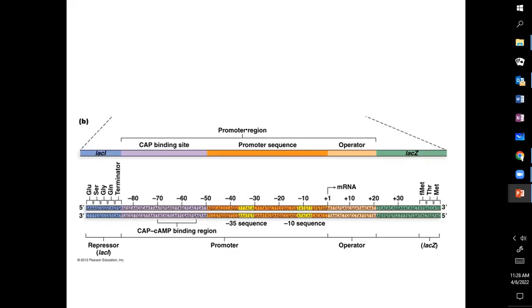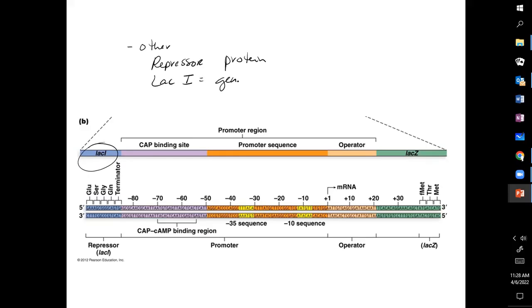And there are also some other things at play, in addition to the promoter, the operator, and the structural genes. There's the repressor protein itself. Where does the repressor protein come from? There has to be a gene that codes for the repressor protein, and that is the LAC-I gene.